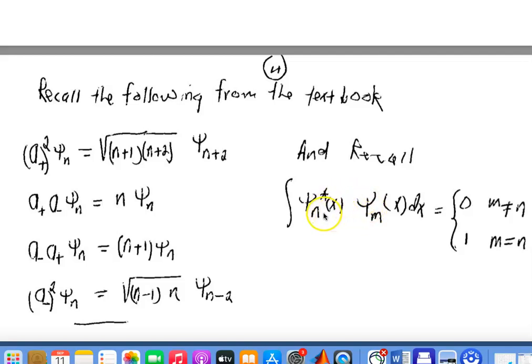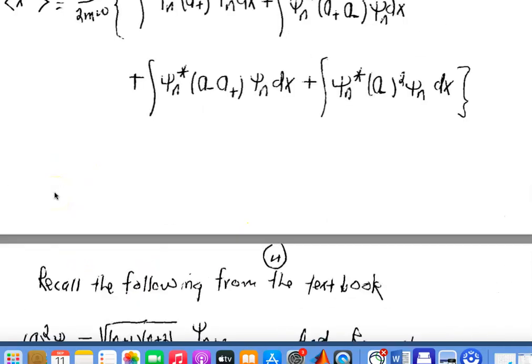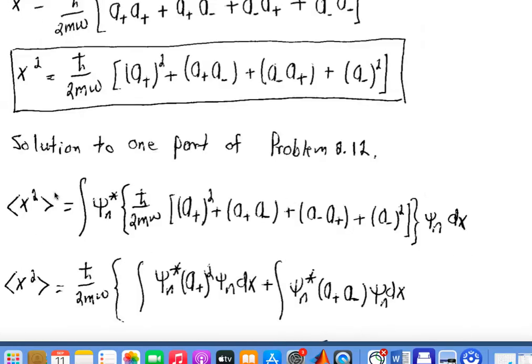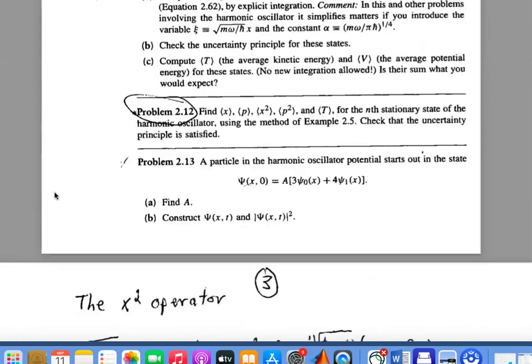And with these basis functions, it is always true that the integral of psi sub n star of x times psi sub m of x dx is equal to 0 when m does not equal n, when the subscripts for the functions are not the same, and it's equal to 1 when the subscripts are the same. So with these in hand, you can come back now and see how to find this expression right here.